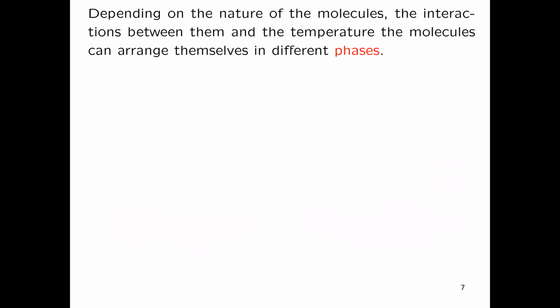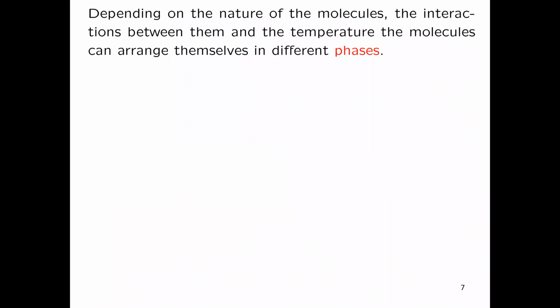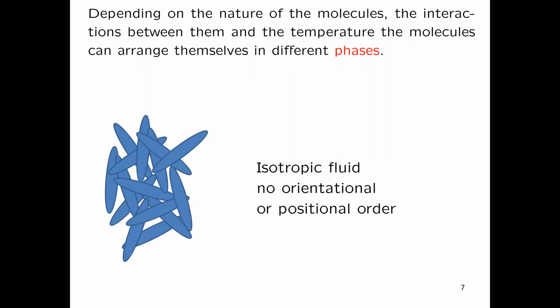Okay. And I should say that the typical liquid crystals that are used in practical displays are mixtures of lots of different kinds of molecules. Now, depending on the nature of the molecules and the interactions between them and the temperature, the molecules can arrange themselves in different phases.